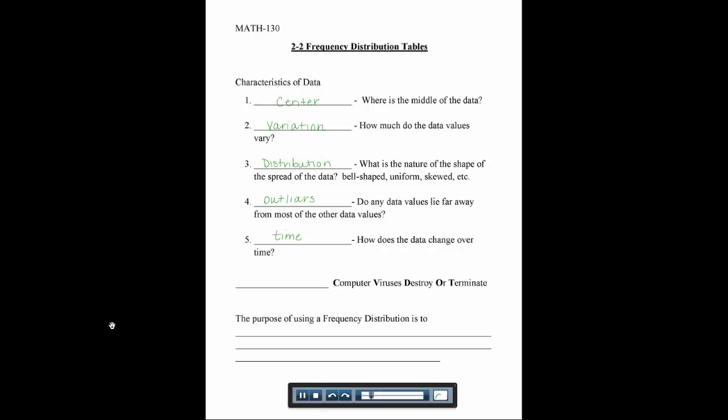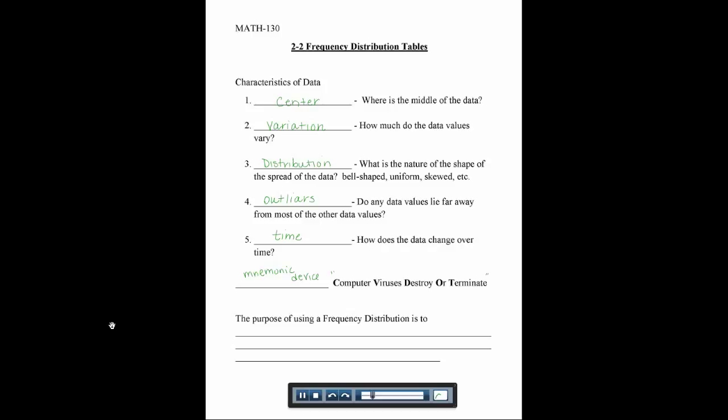So there's just a little mnemonic device, just a little way to remember these things that we look at. To remember these 5 things, there's the little sentence, computer viruses destroy or terminate.